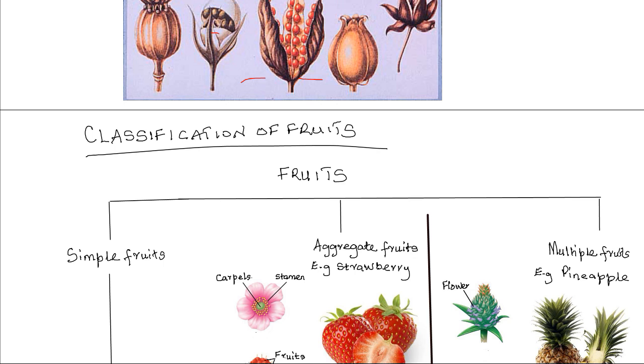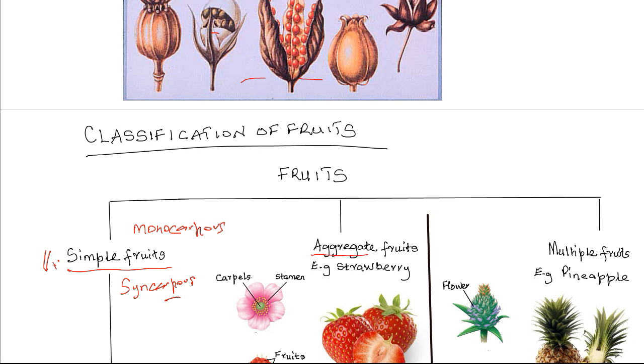Now, simple fruits are derived from a single flower in which the gynoecium may be monocarpous, that is, there's only a single carpel, or the single flower may have a syncarpous gynoecium, that is, there are several fused carpels. That is the first class of fruits, ones that develop from a single flower. So these make up the single or the simple fruits.